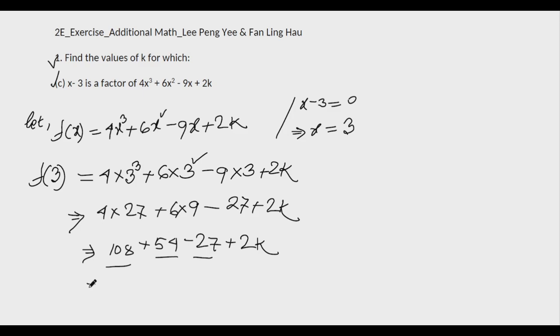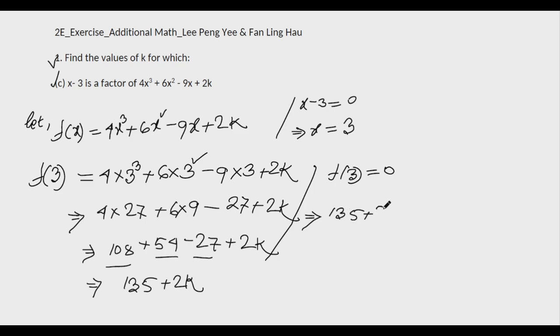After calculating this value, we will get 135 plus 2k. So according to the remainder theorem, we can put f of 3 is equal to 0. Then we can write 135 plus 2k is equal to 0.